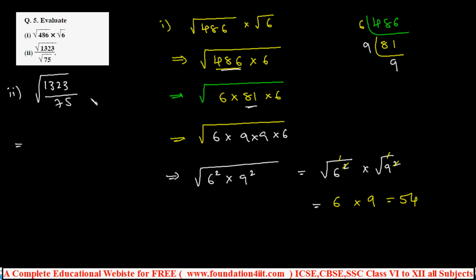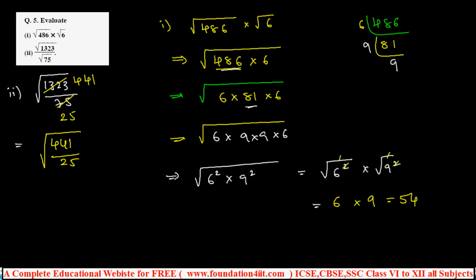What table can you cancel? 3 table. 1 plus 3, 4, 4 plus 2, 6, 6 plus 3 is 9, so it is divisible by 3. 7 plus 5 is 12, divisible by 3. That's why you can do it. 3 2s are 6, 1 carry 5. And 1 3 2 3. 3 4s are 12. Finally what I got is square root of 441 by 25.